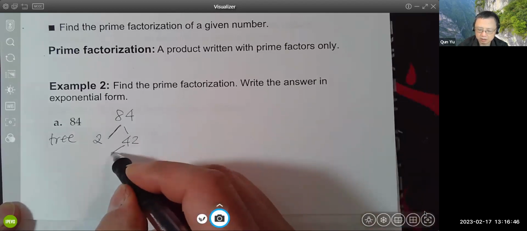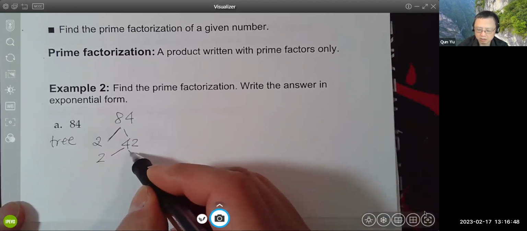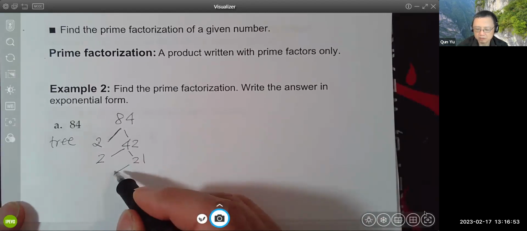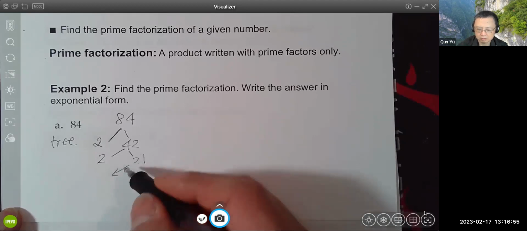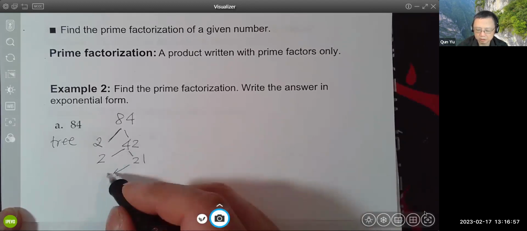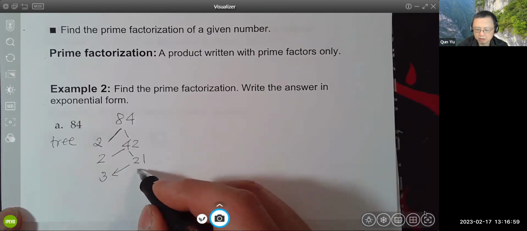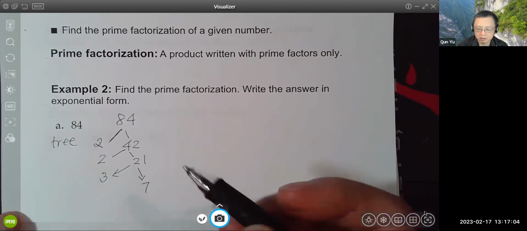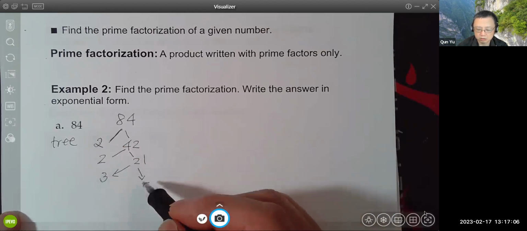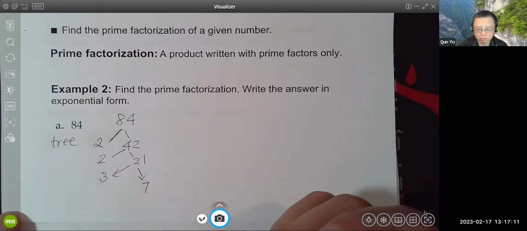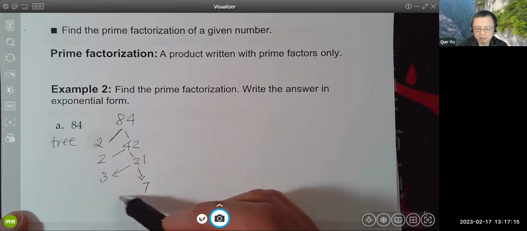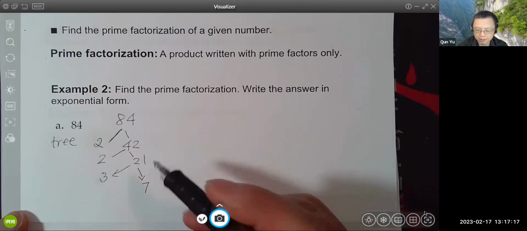Now keep doing this. 42 can be divided by 2 again, and we get 21. 21 can be divided by 3. So try all of the prime numbers, and you got 7. Now 7 is a prime number, so that's where we stop. All of these numbers that you use as divisors are prime numbers. This is called prime factorization. But you don't want to leave your answer like this, with all of these numbers on the tree.